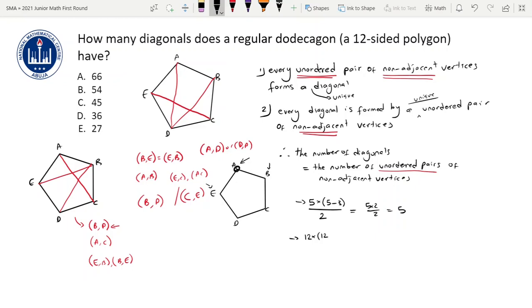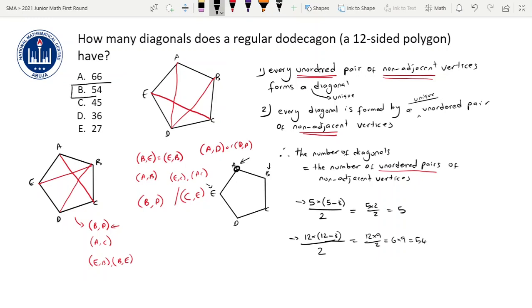So you're going to have 12 minus 3 options for the second vertex of the pair. And since some things will occur twice and we're looking for unordered pairs, we're going to divide by 2 here. So this is going to be 12 times 9 divided by 2, which will be 6 times 9, which is 54. So a 12-sided polygon is going to have 54 diagonals.